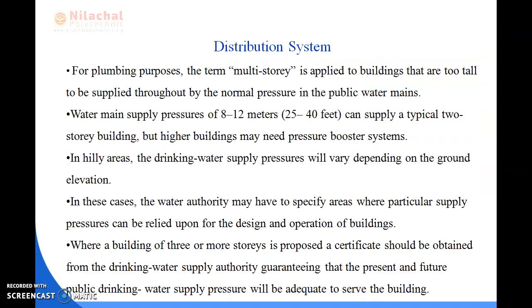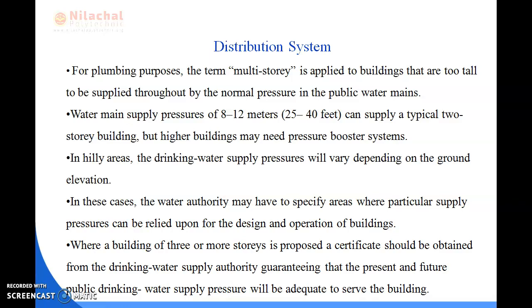So next we have discussed the distribution system for a building. As all of us know, in the distribution system for a multi-storey building, we need a pressure booster system. That is, when the building is up to a height of 8 to 12 meter, we need the pressure booster system.